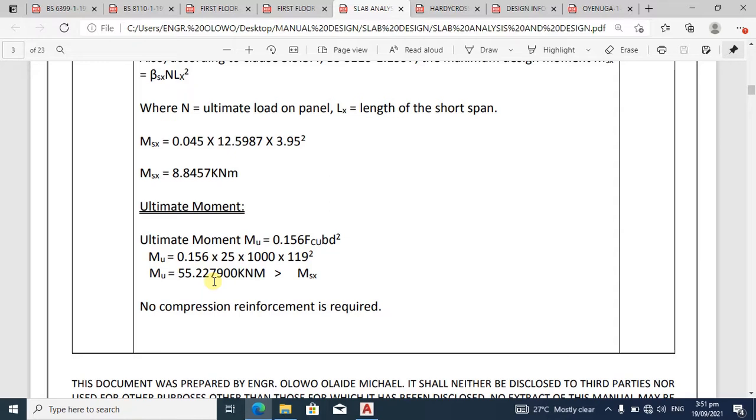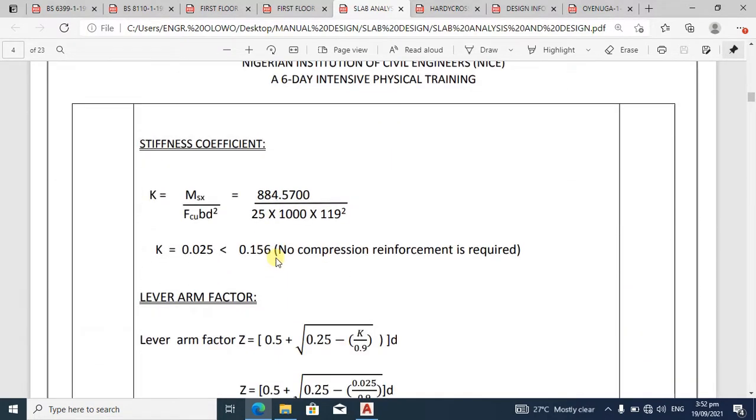In this case, we are considering slab. By comparing the value of the ultimate moment with that of the design moment, we will know whether compression reinforcement is required in the slab or not. So in this case, because our ultimate moment is greater than our design moment, we say no compression reinforcement is required. And from there we will calculate the stiffness coefficient, which is this.